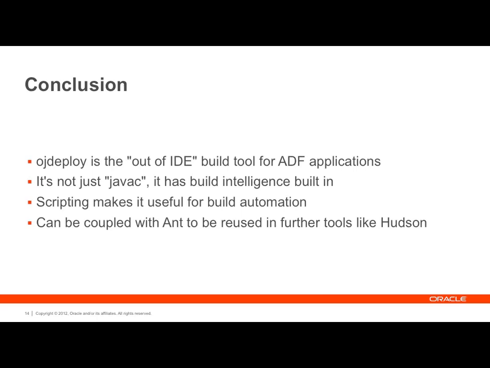We really want to introduce automated builds to avoid those sort of issues that humans introduce into software development. Finally, once you set up ojdeploy and start making use of it via Apache Ant, you'll find that you can use these scripts in all sorts of tools, such as CI tools like Hudson, Jenkins, and even future tools and cloud services such as Oracle Development Cloud Services.